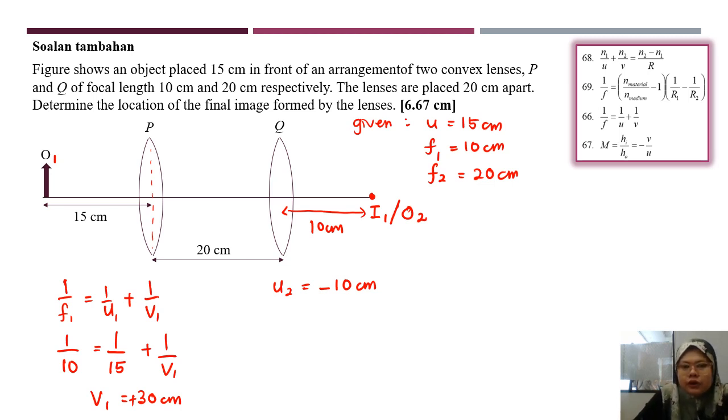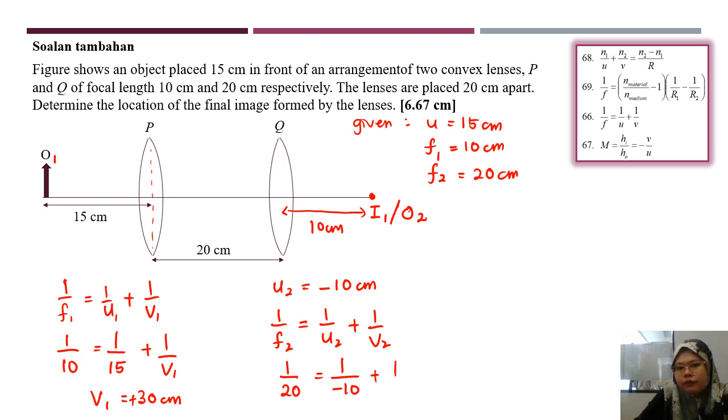Okay, so kita akan guna 1 over F2. F2 pula sebab kita nak guna second lens kan, 1 over F2 equals to 1 over U2 plus dengan 1 over V2. Okay, so focal length yang kedua is 20 equals to 1 over U2 is negative 10. Okay, plus dengan 1 over V2. So V2 here, okay, we will get equals to positive 6.67 cm.